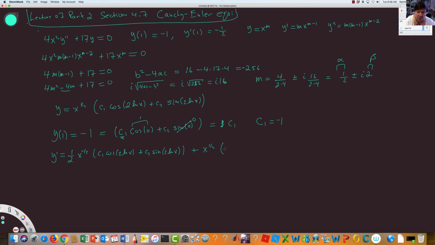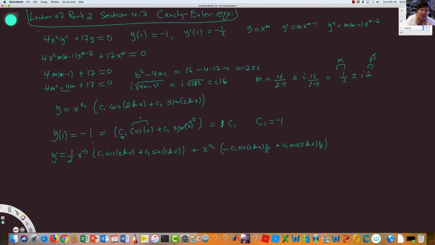The derivative of cosine is minus sine, so minus C1 sine of 2 ln of x, and the derivative of the inside is 2 over x. Then the derivative of sine is cosine, plus C2 cosine of 2 ln of x, and the derivative of the inside is again 2 over x.